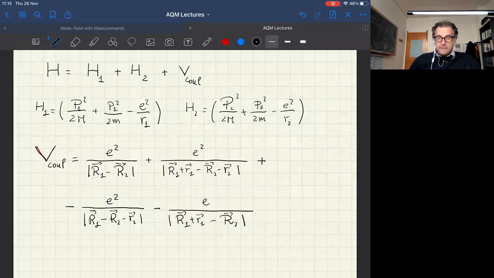Now you should be very careful here to consider the vector, so you have to take the distance between the points. Many students just put the Coulomb interaction as the modulus of r.